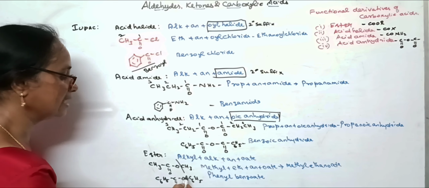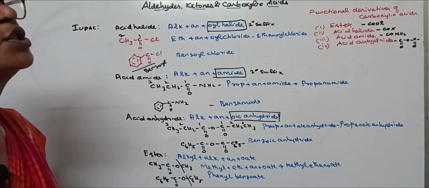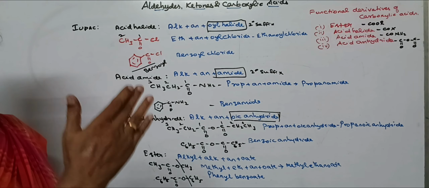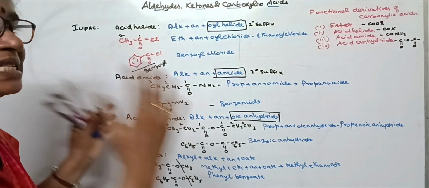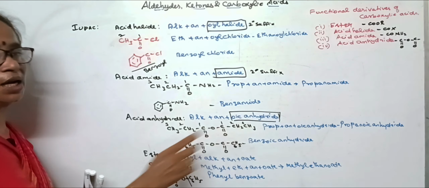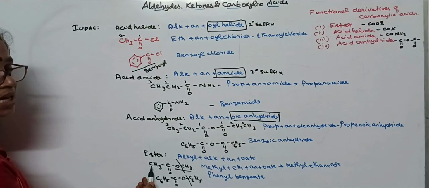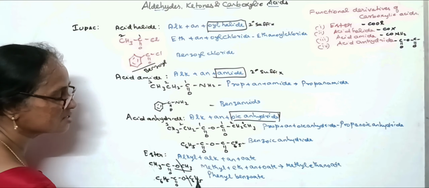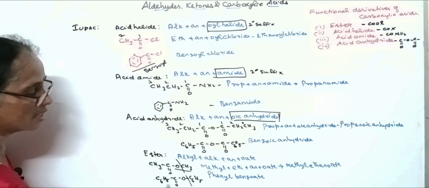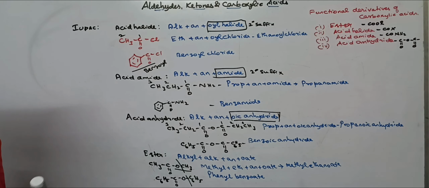And in this case it is phenyl, so I can write phenyl benzoate. One part is the alkyl group, the other part of the ester makes its alkanoate part. It is methanol, this is ethanoic acid, so the name is methyl ethanoate. Here it is phenol, this is benzoic acid, so the name is phenyl benzoate.